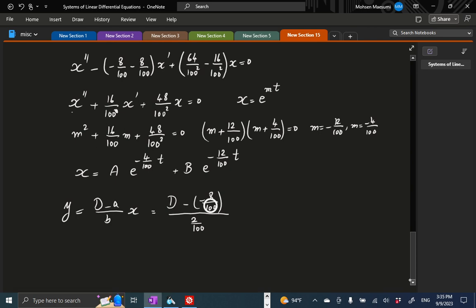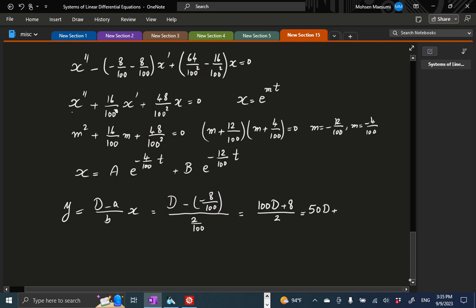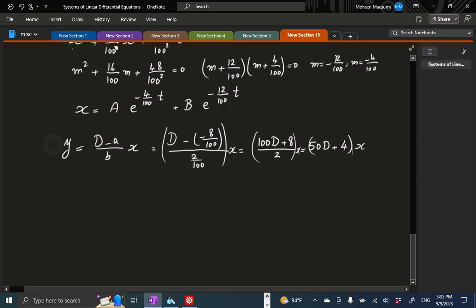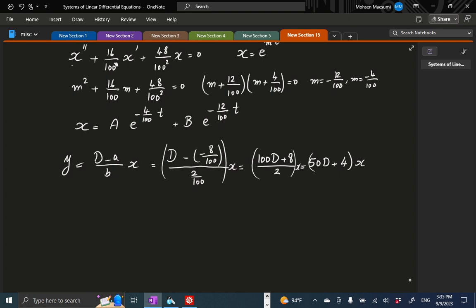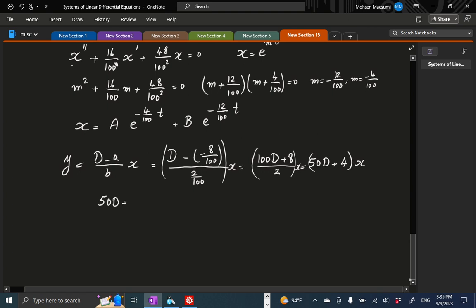I might as well multiply numerator and denominator by 100 to clean up a bit. Divide by 2, perhaps, or leave it as it is, either way. This is all of that multiplied by x. I forgot to write my x. So who is x? We had it here. I have to multiply that by x. Let me do it piece by piece. Let's take this and multiply it by 50d plus 4. So I have 50d plus 4.